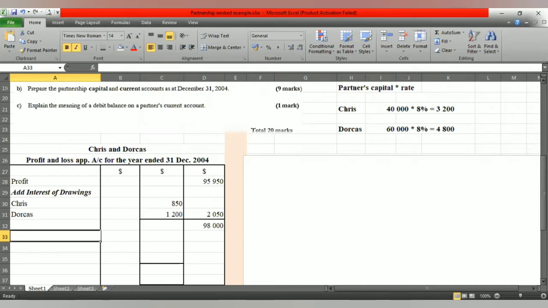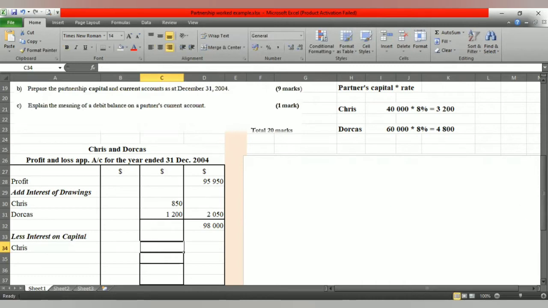Now, after we have entered that, we're going to pick up our interest on capital and salary to be paid out to partners. Because these values are being paid out to the partners, we're going to subtract those. So we're going to proceed to less interest on capital, and we begin with Chris. We're going to go to our workings and pick up the actual figure.